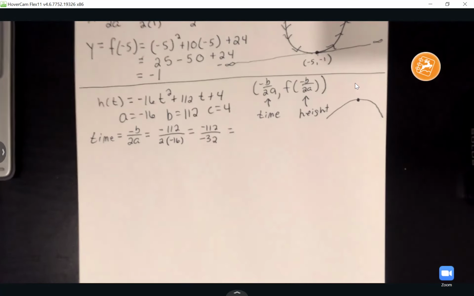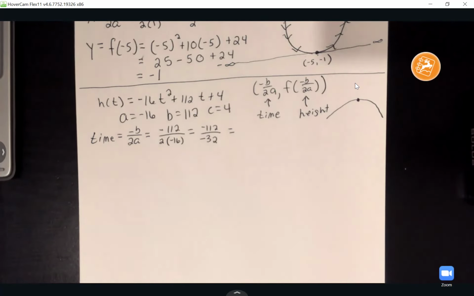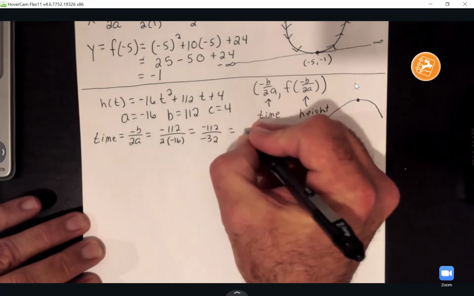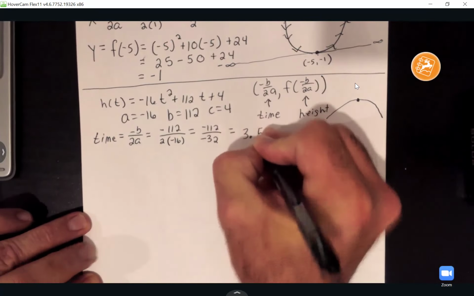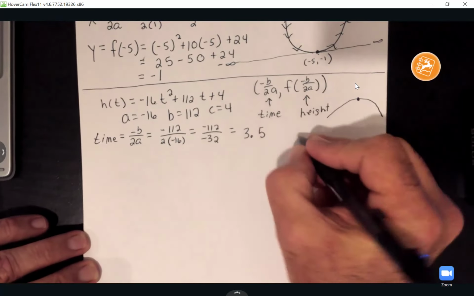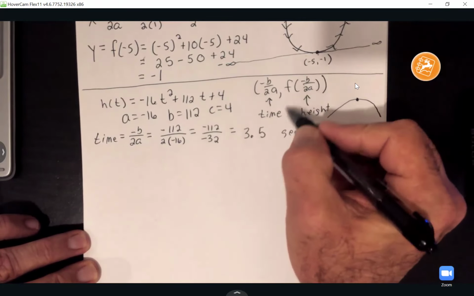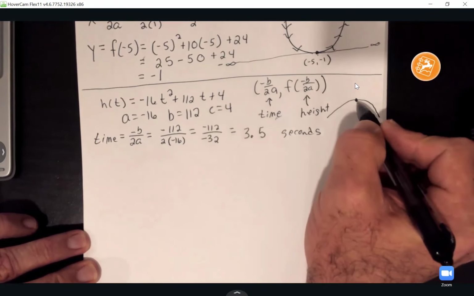In this one, we'll take decimal answers. So I'm just going to punch that in and see what I get. Negative 112 divided by that negative 32 is going to give me 3.5. So y'all, that's telling me it takes 3.5 seconds for my graph to reach that maximum height.